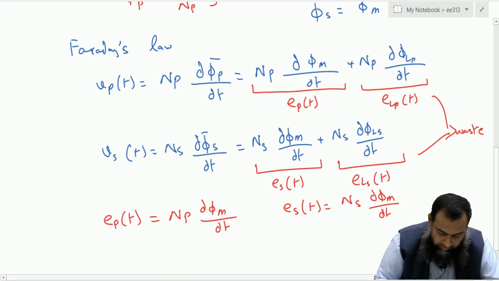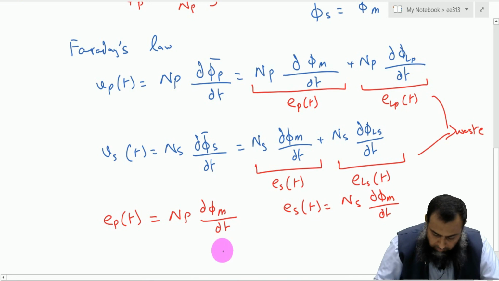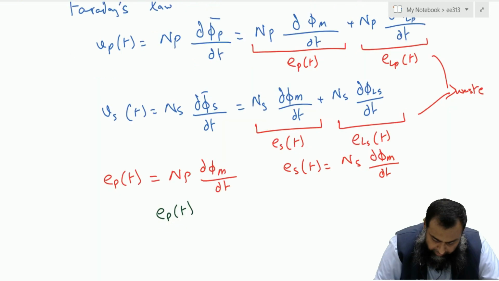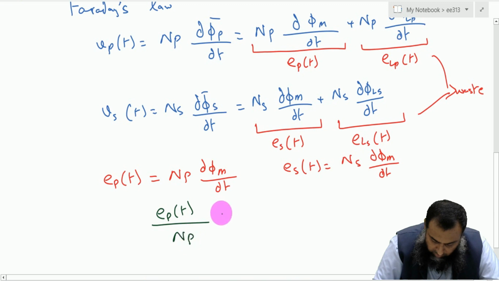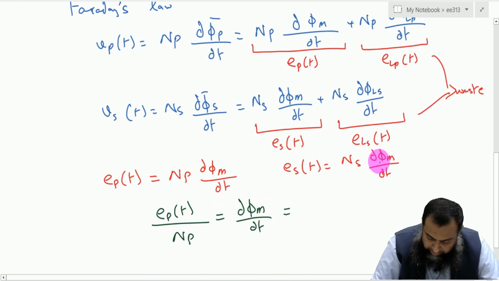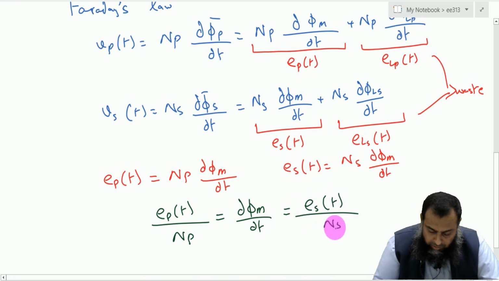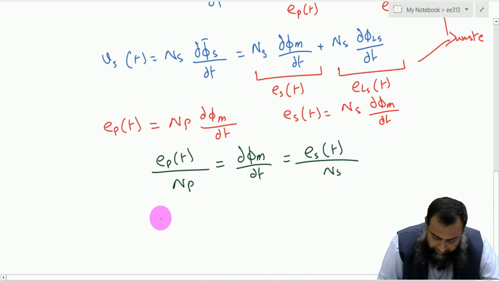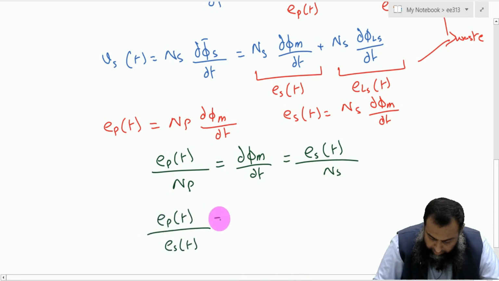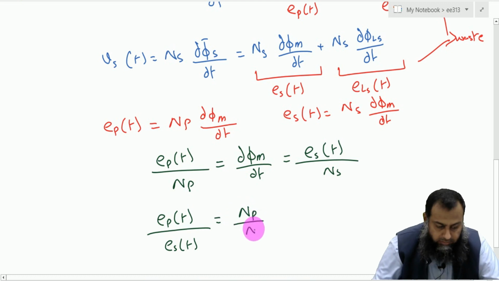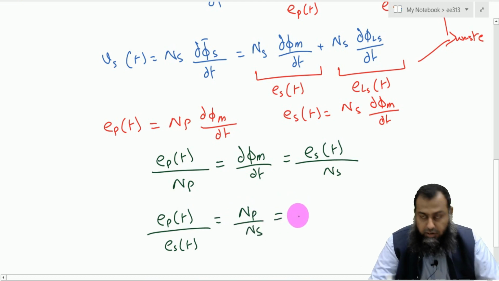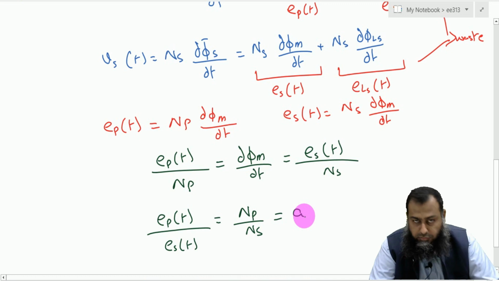Now based on these two equations, we can say that Ept divided by Np is equal to dφm/dt, and this is also equal to Est divided by Ns, and therefore we can say that Ept divided by Est is equal to Np over Ns, and that is the turn ratio in a practical transformer.